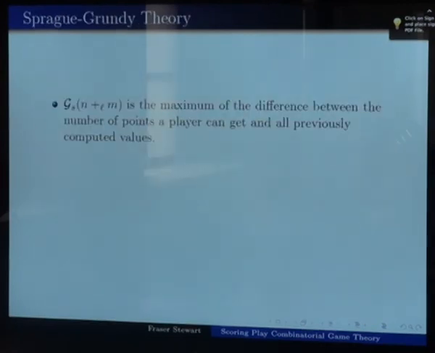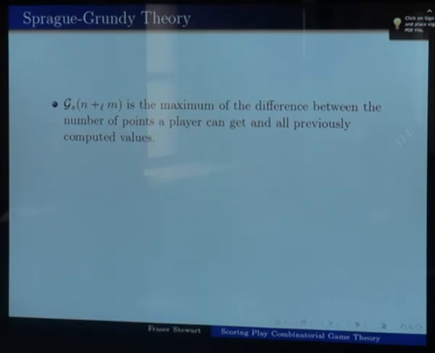So what happened was, under normal play, we got this very nice theory that we call Sprague-Grundy theory, which allowed us to solve all these games under normal play. And that was very nice. I tried to look at this under scoring play games.